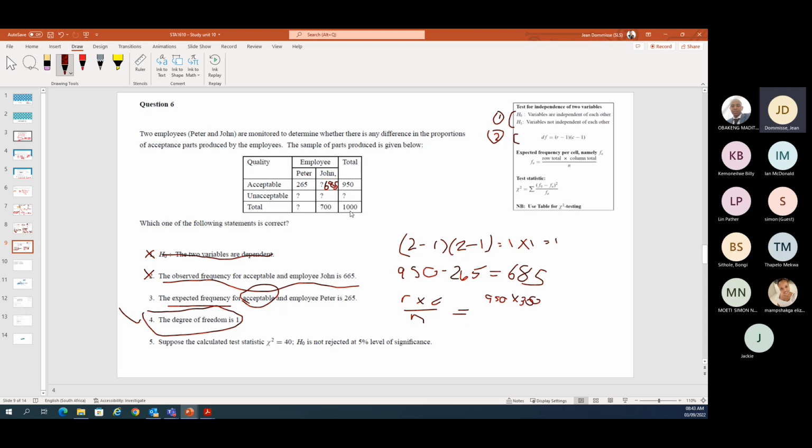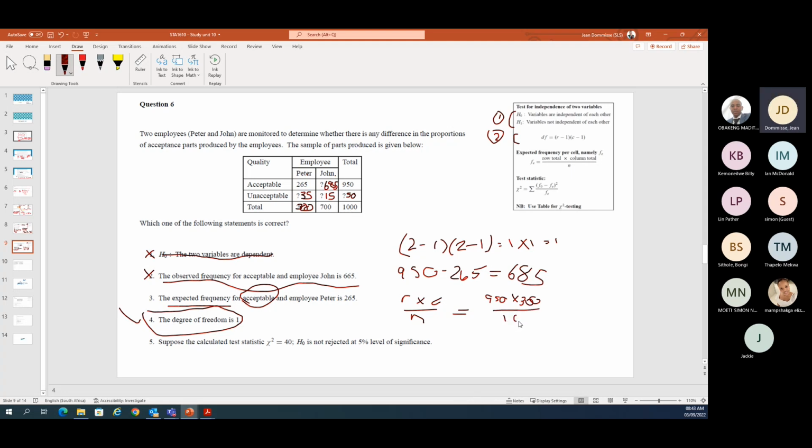Even if it's not needed for everything, 1000 minus the 950 would have given us 50. 700 minus 685 would have given us 15. 50 minus 15 would have given us 35. 35 plus 265 would have given us the 300. So 300 plus the 700 will give you 1000.